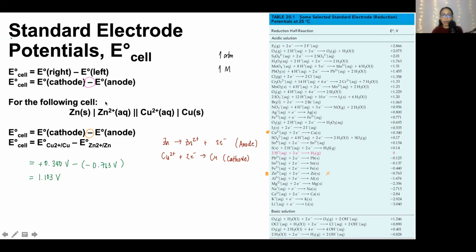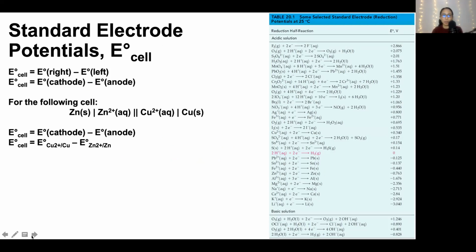So this means that if you have an electrochemical cell set up like this, and the concentrations of your ions are 1 molar, then you have a cell potential of 1.103 volts, and your redox reaction in this electrochemical cell is spontaneous. So this is how we use our standard reduction potential table.